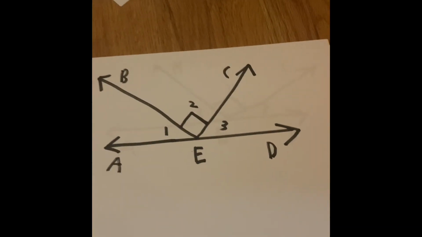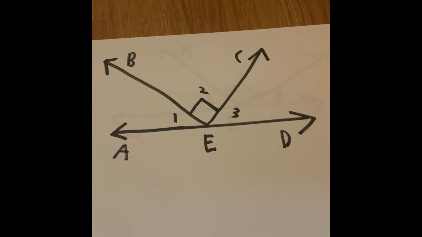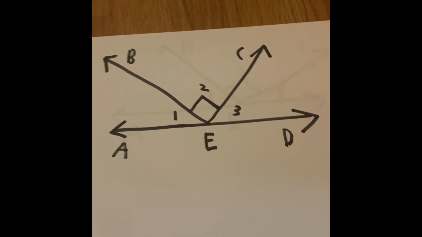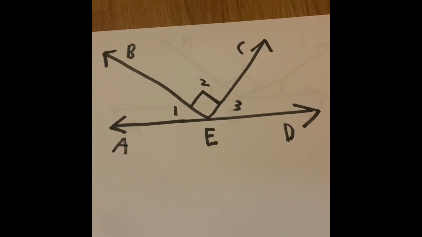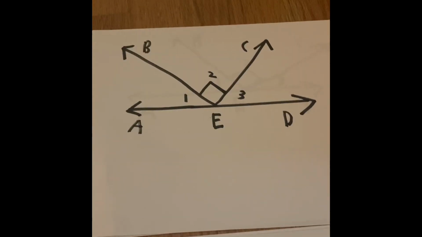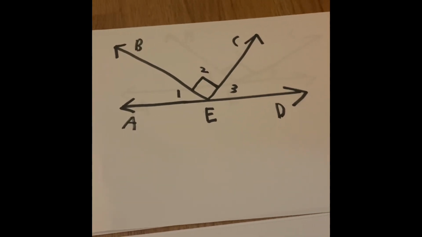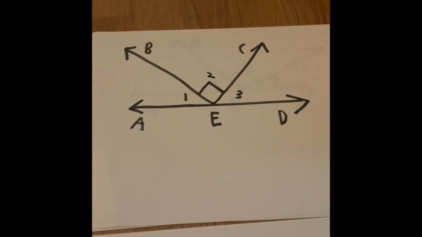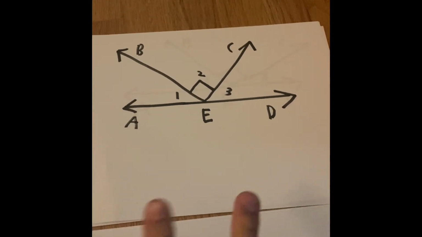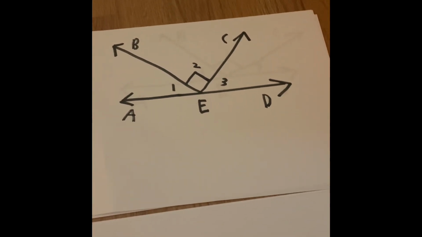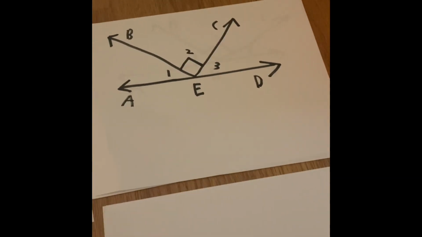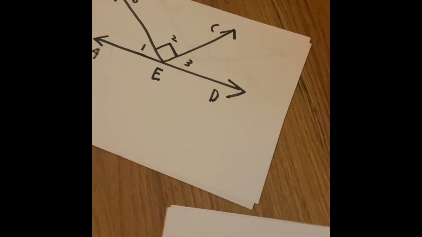We have to understand what the conclusions are for this figure showing right here. To understand this lesson a little bit better, we're going to do a two-column proof, but we're going to do it differently. Instead of proving, we're trying to conclude something.